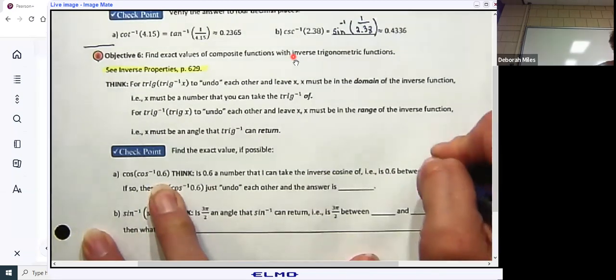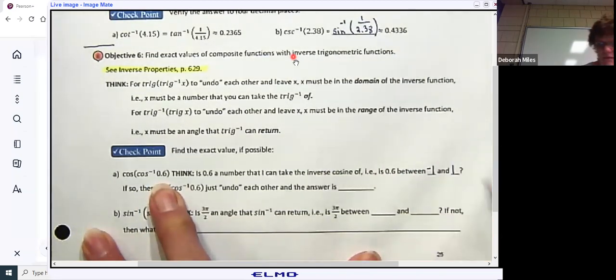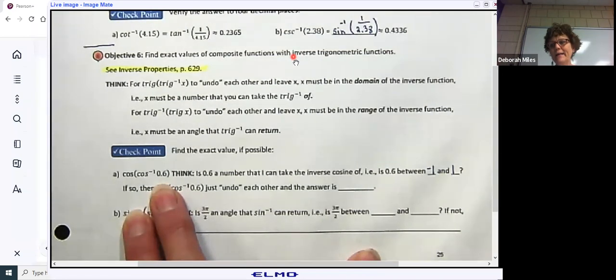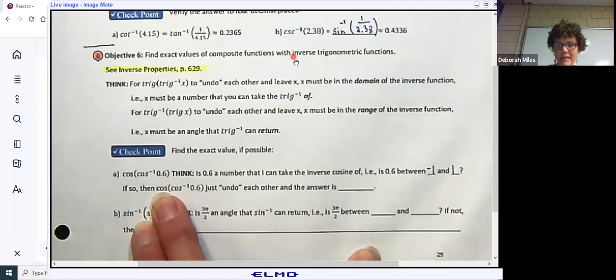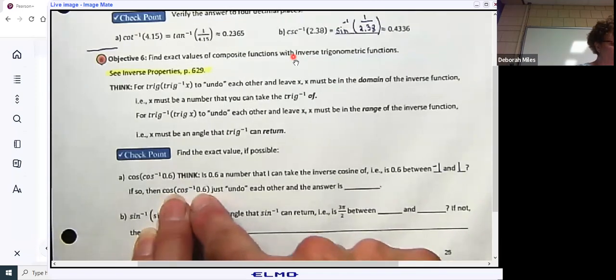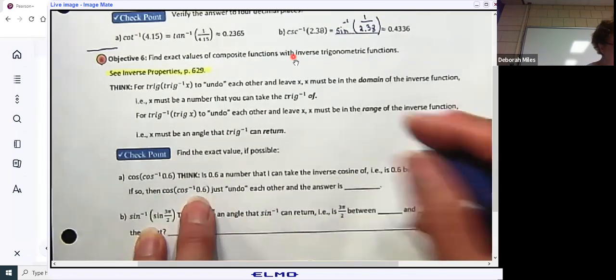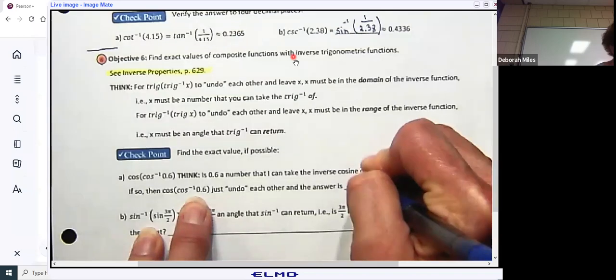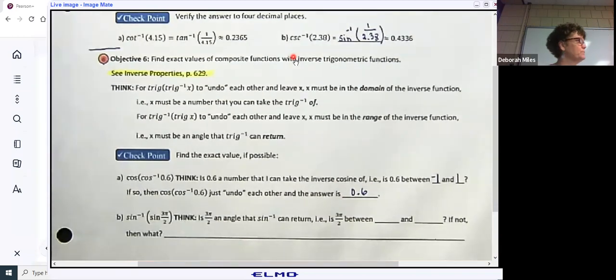Anything between -1 and 1. So is 0.6 between -1 and 1? Yeah. And since it is, then cosine of inverse cosine of 0.6 just undo each other and leave 0.6.